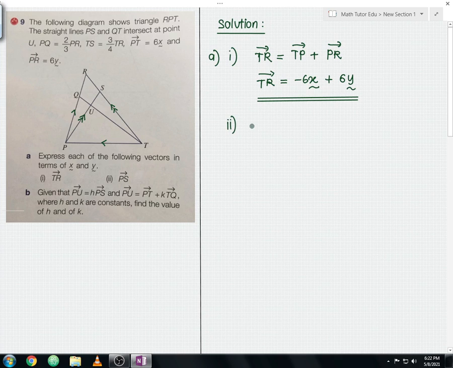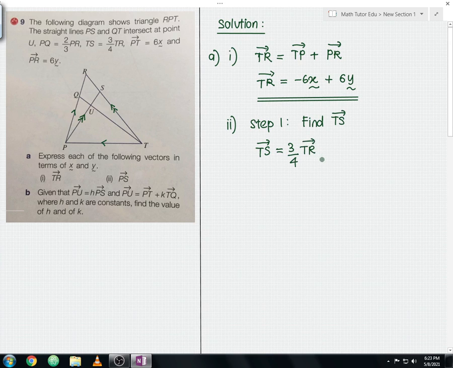Step 1, find vector TS. It is given that vector TS equals 3 over 4 of vector TR.